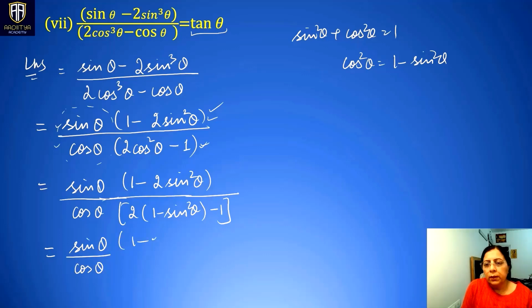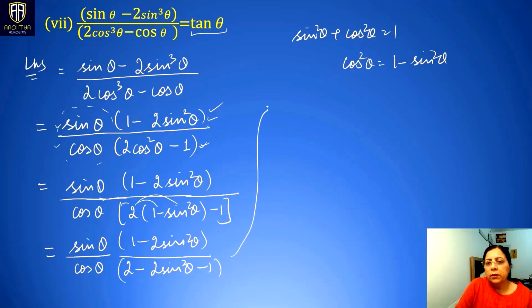Now this is 1 minus 2 sine square theta. In the denominator we have 2 minus 2 sine square theta minus 1, which can be written as sine theta by cos theta, 1 minus 2 sine square theta.